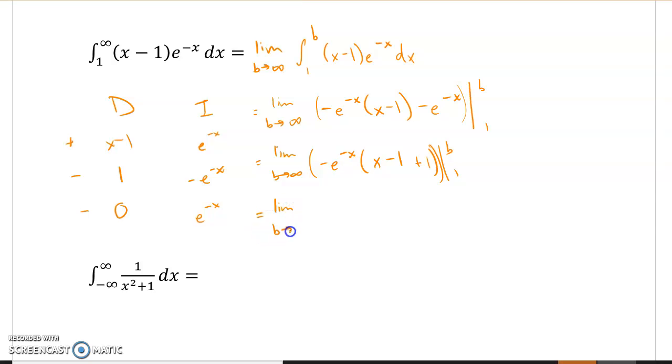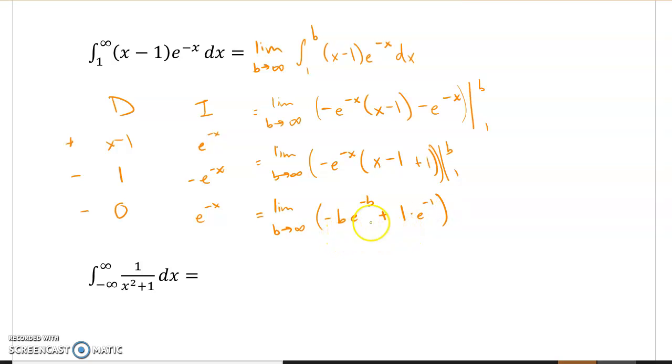So we get the limit, and we have just negative x times e to the negative x. So negative b times e to the negative b minus a negative 1 times e to the negative 1.